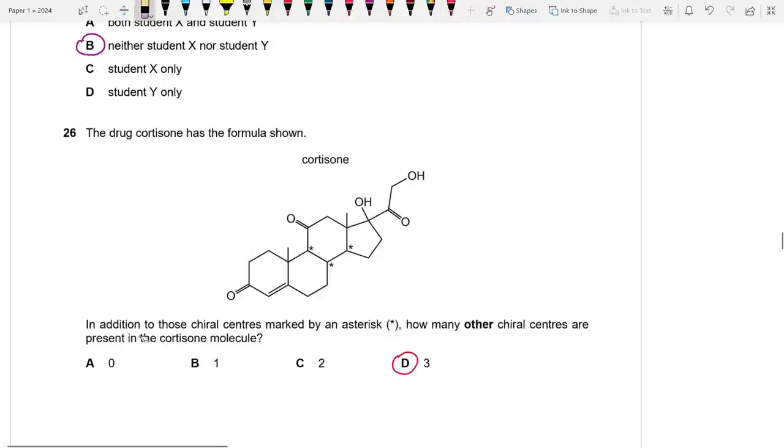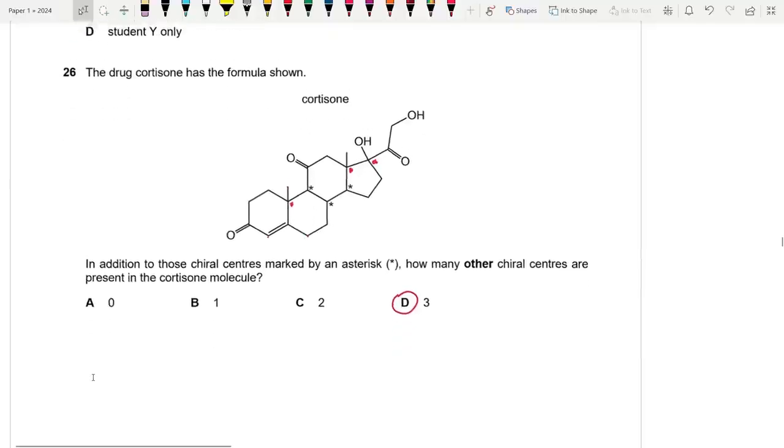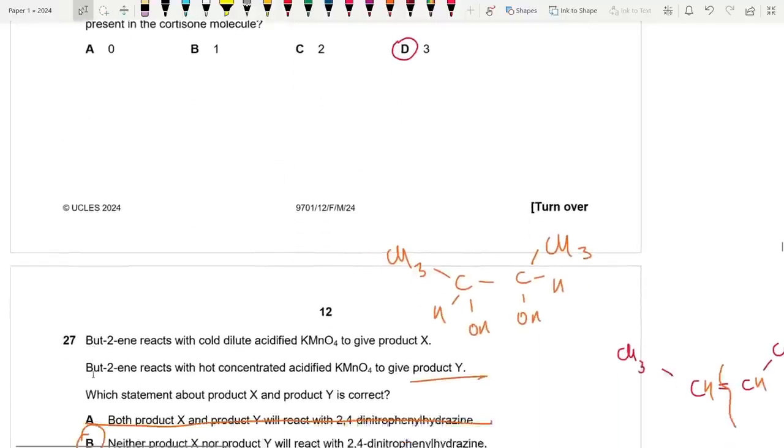So these are not chiral, this is not chiral, this is not chiral, this is chiral. Then this is chiral, right? And this one is chiral. And look, all the others are like, this is CH3, CH2, CH3. They have the same groups attached. So we have extra 3 carbons which are chiral centers. Yeah, extra 3 chiral carbons.